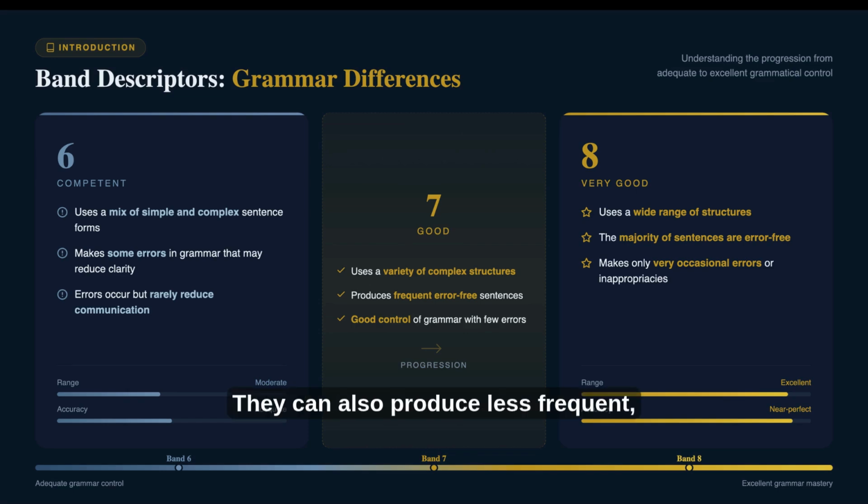They can also produce frequent error-free sentences. So they tend to make no mistakes or fewer mistakes. They have good control of grammar with few errors or mistakes. And this is a good progression. That is a band 7.